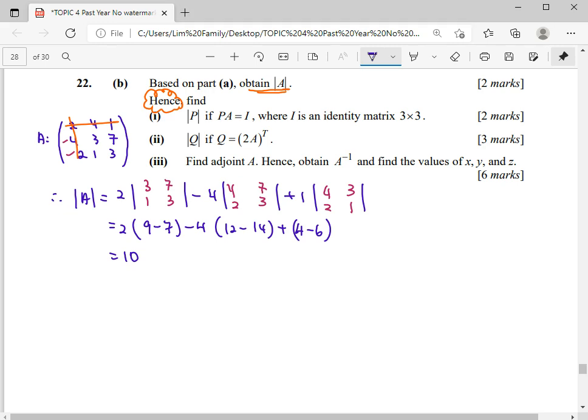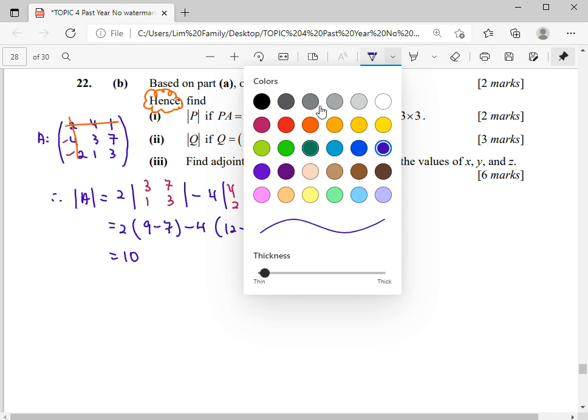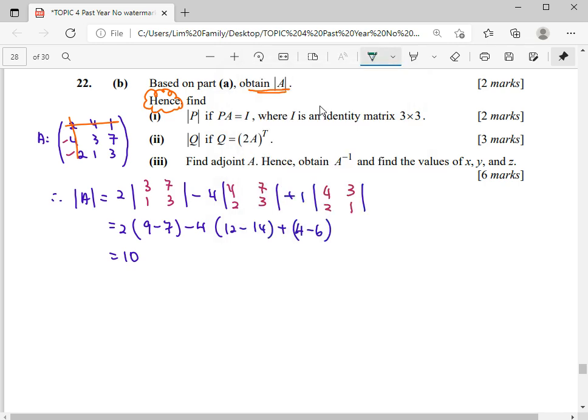Okay, so they say hence, I have to use this answer. Determinant of A is 10. I have to find out what is our determinant of P if PA equals to identity. So we are going to apply the properties of the determinant. For B1, when they say PA equals to identity, it means the determinant of them will equal to the determinant of identity.